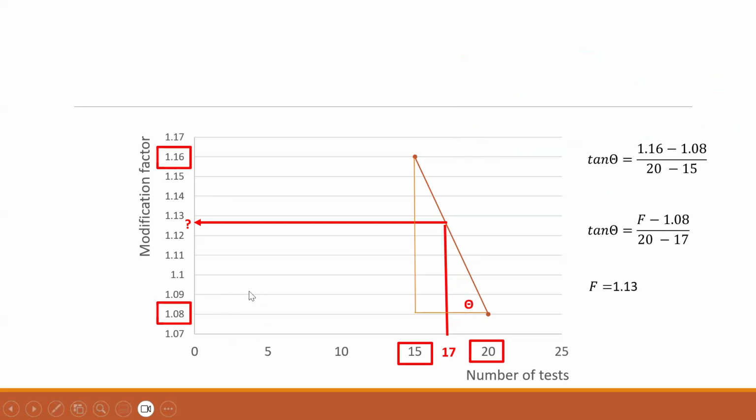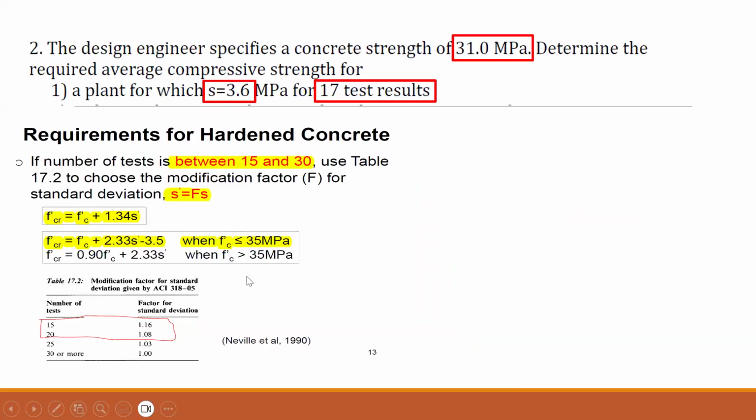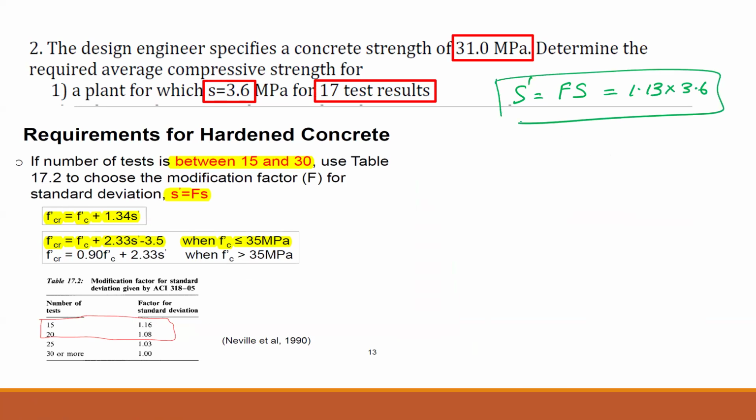So what is your S' in this case now? S' is F times the standard deviation. F is 1.13 times 3.6. Does that make sense? Now, will you be able to find me the F'cr using this equation?